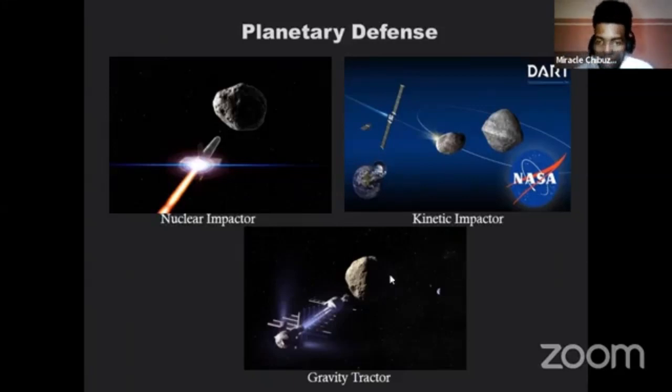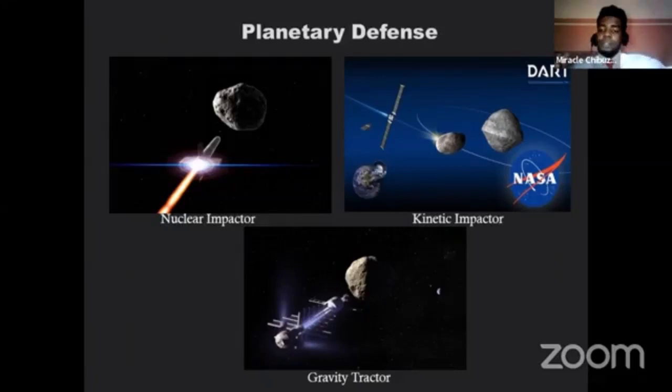Then we have the kinetic impactor. The idea is this. Imagine that you have an asteroid. Now, this is coming from orbital mechanics. If the speed of an object increases, its orbit increases. If the speed decreases, its orbit decreases, relative to that body.